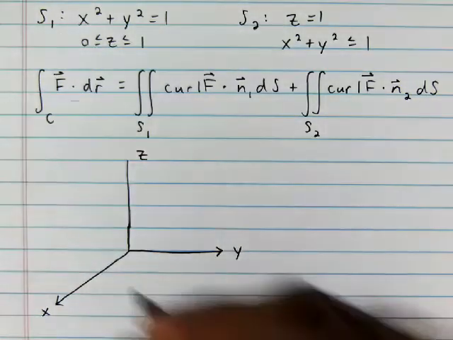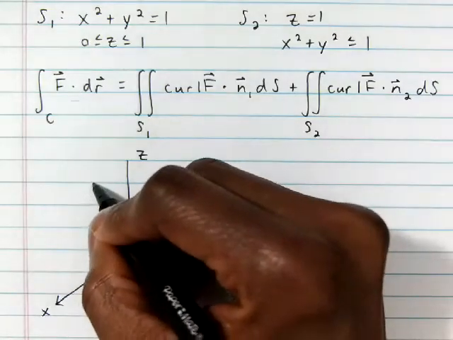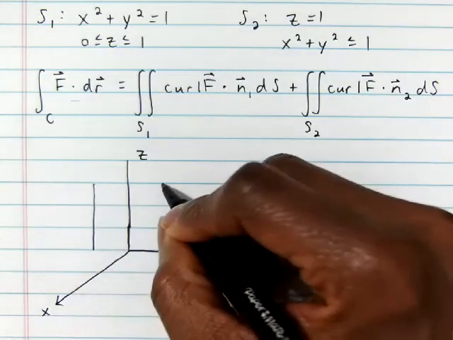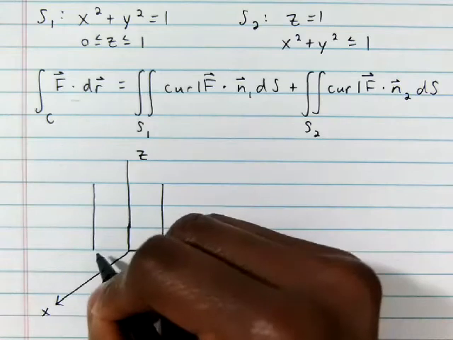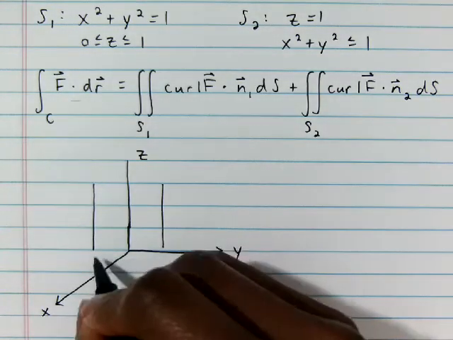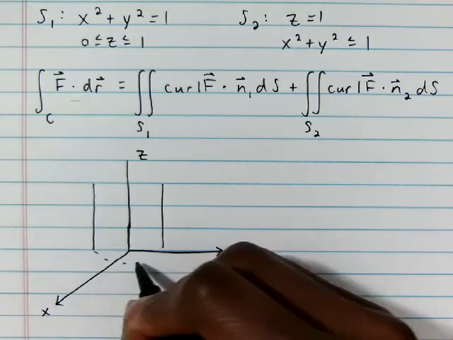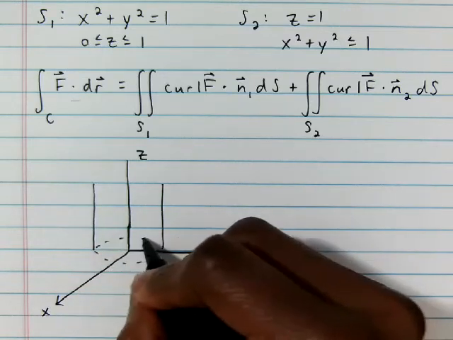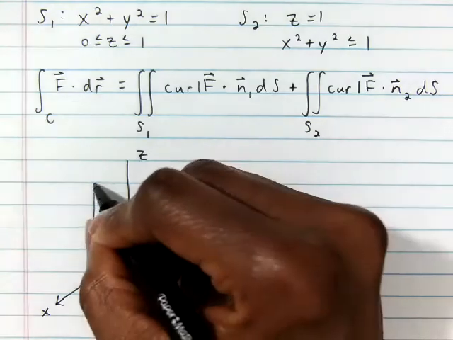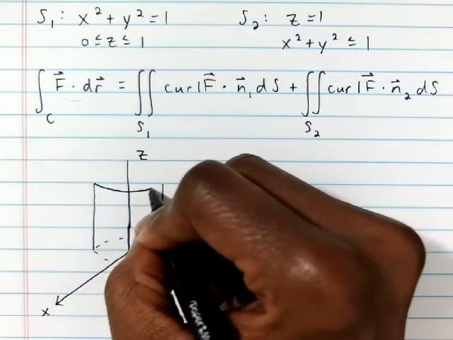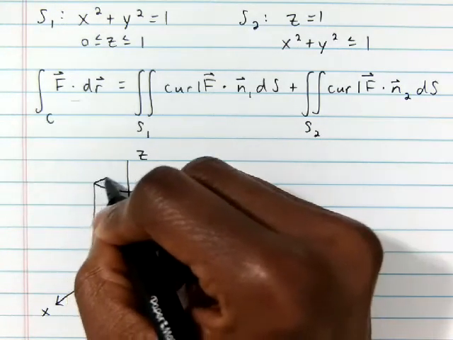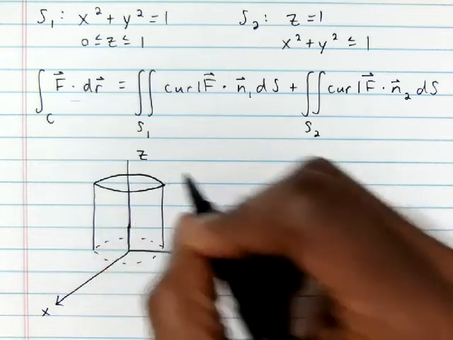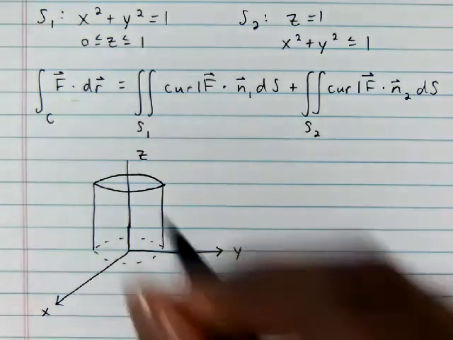So our cylinder, and at the bottom, let's put a dotted line down here because the cylinder's open at the bottom and it is closed at the top. So that's our surface right there.